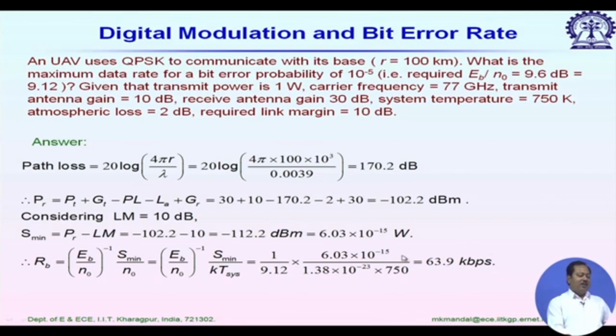So, it depends on received power in presence of noise. SNR plays a very significant role. If you want to improve data rate, then we have to increase SNR. We do not have any other option.